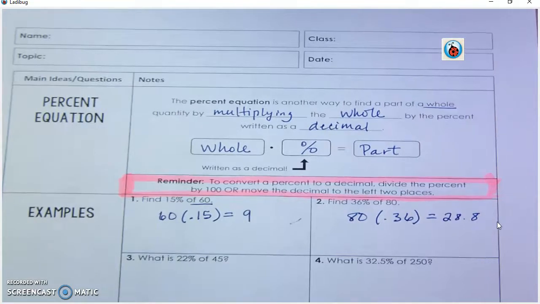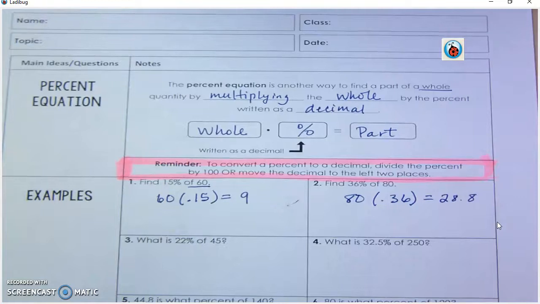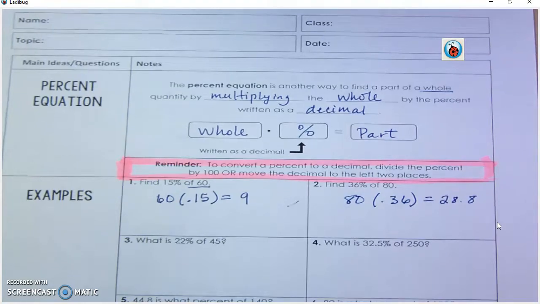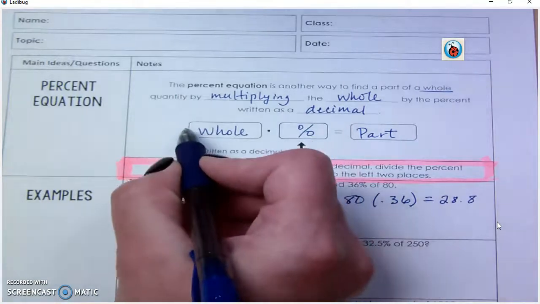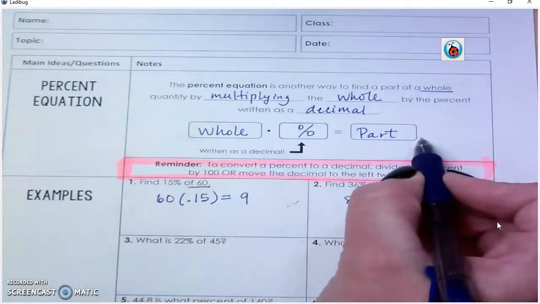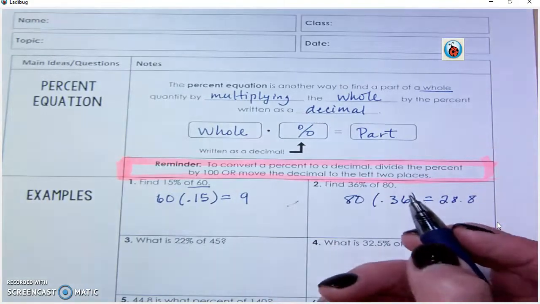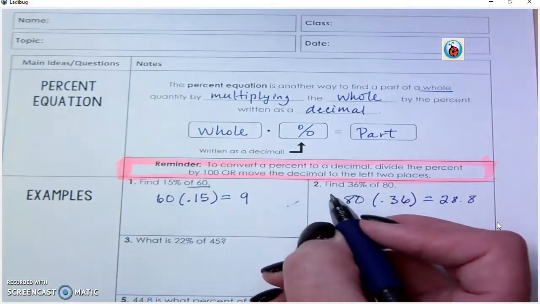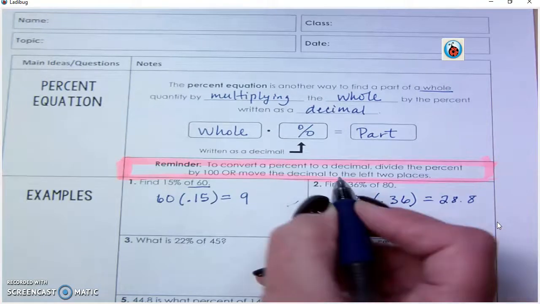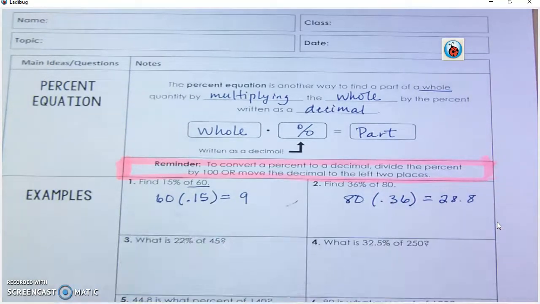Let's scroll down to question number 5. They're asking you, 44 and 8 tenths is what percent of 140? The format that we use in the very beginning of our equation setup has to be absolutely fixed. We cannot rearrange the places or anything else.